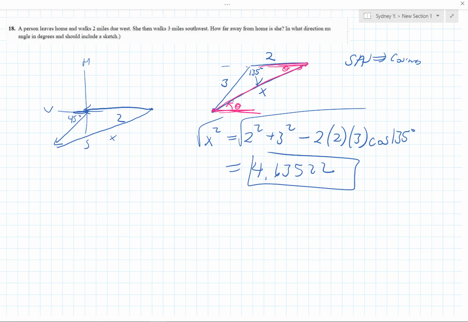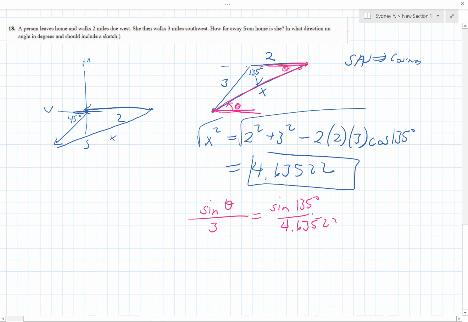Okay, so no matter what, we're going to need to find another angle. Once you use the law of cosines once, you can always go to the law of sines now. So if I'm looking for this angle here, the sine of that angle over the opposite side, the 3, equals the sine of 135 degrees over its opposite side, which is that ugly mess that we just got.